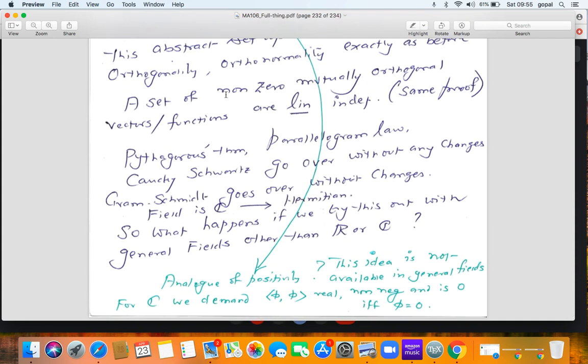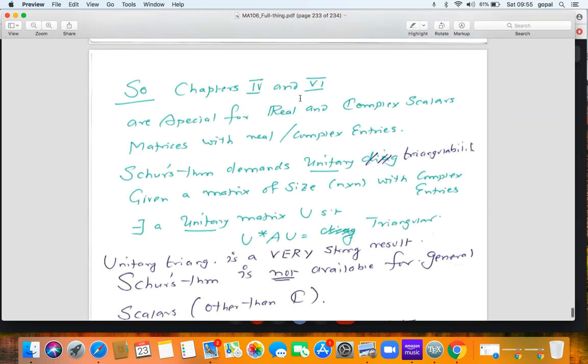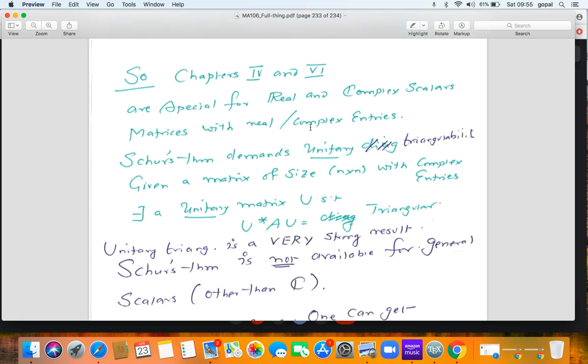That's a very complicated problem. So that's why we don't venture too far away from real or complex numbers. So chapter 4 and chapter 6, those which are special for the real and complex scalar matrices, many of those concepts carry over for general vector spaces.